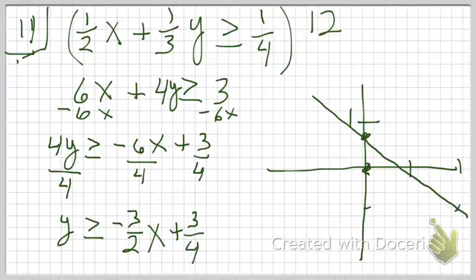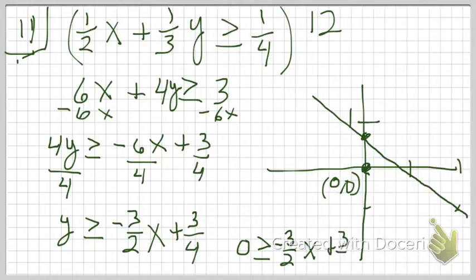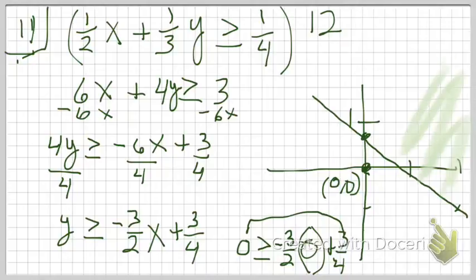Now the origin is right here, 0, 0. So what I can do then is try that in the inequality. Let x be 0, y be 0. So basically what it's saying is 0 greater than 3/4, and that answer is no. So what we would do is shade in the other side of the line.